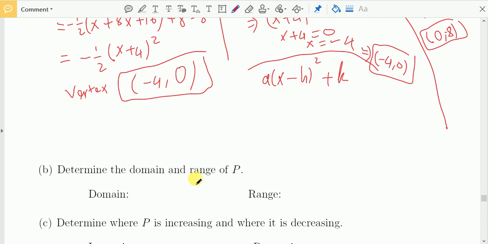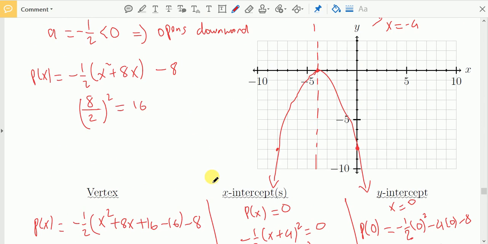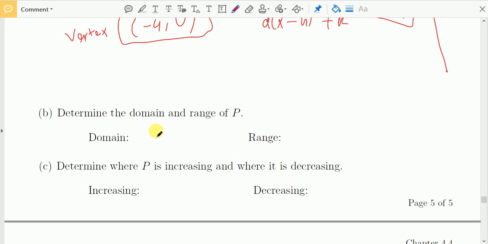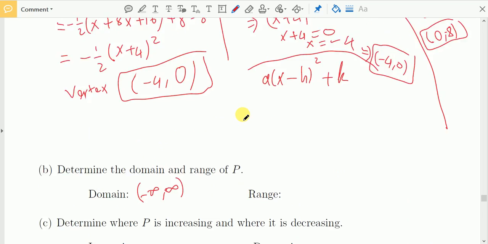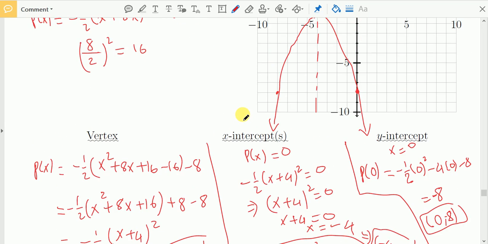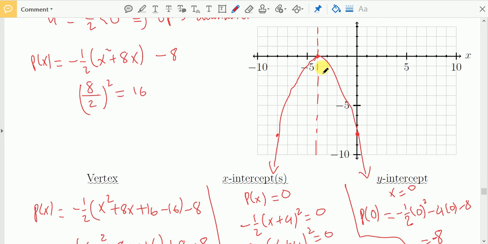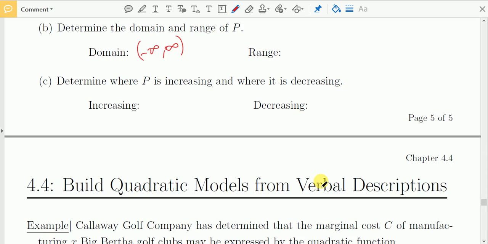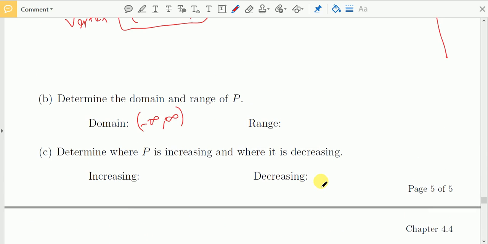Determine the domain and the range. The domain, as you can see, is all real x values, or minus infinity to infinity. The range is how far you can go on the y-axis, meaning that the highest value is 0, and then you go all the way to negative infinity.